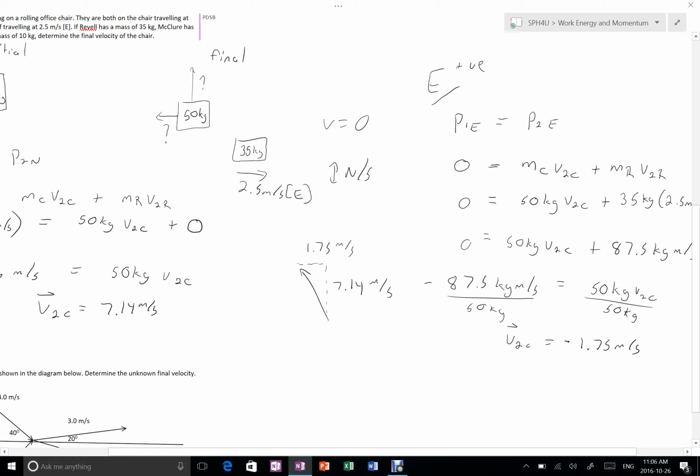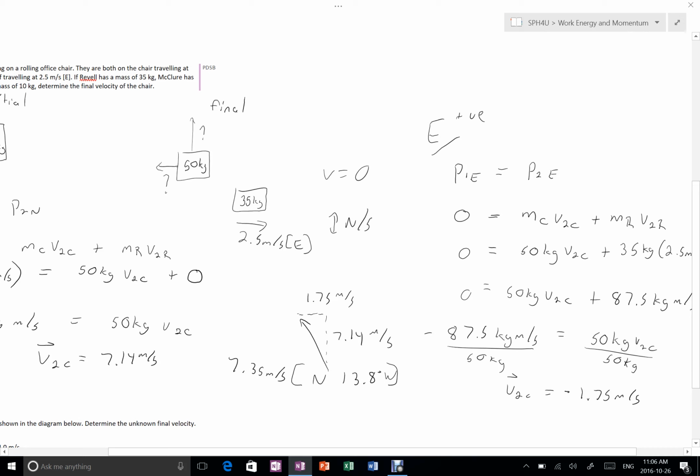My resultant then is 7.35 meters per second north, 13.8 degrees to the west. So, by conserving momentum in each direction separately, we can get the final velocity components for each direction separately, and then we can recombine to find the overall final velocity.